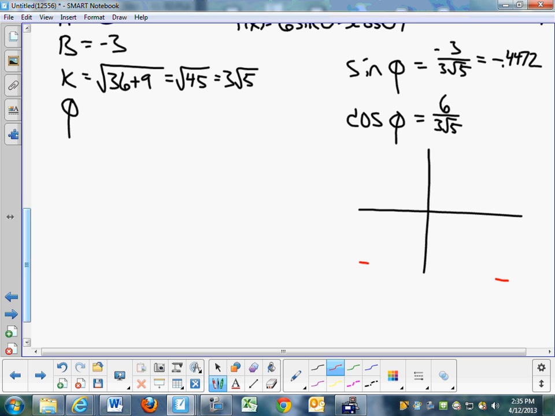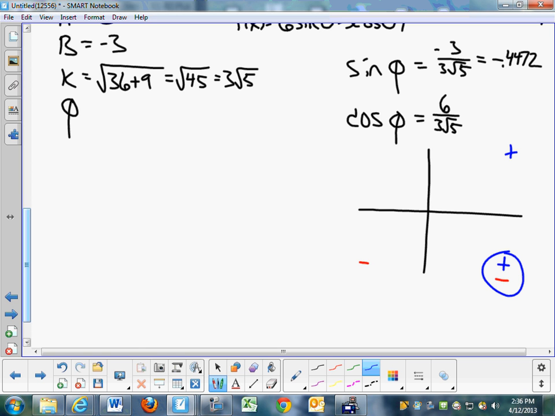Where is cosine positive? 1 and 4. So which quadrant am I working in? I'm working in the fourth quadrant. That's where sine is negative and cosine is positive. So when I inverse this on my calculator, it's just giving me a reference angle. I have to use that reference angle to find the actual angle.